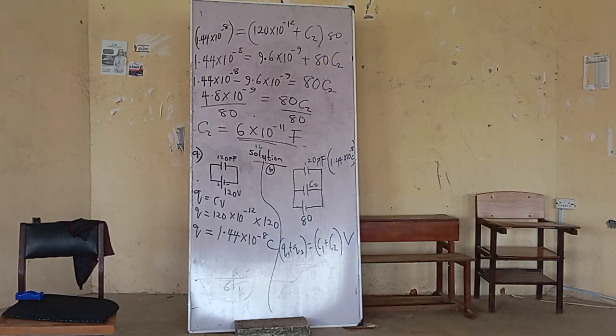If you don't know the charge in a particular capacitor, and you already have a charge that you are carrying into that circuit, it means that the second one is uncharged. A capacitor can be uncharged, but the idea of a capacitor is simply to store charge.